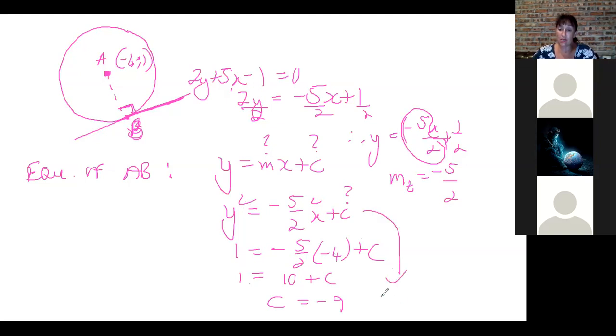Then I can write y = -5/2 x - 9. These are the types of questions they like to ask. Important: the angle between the radius or diameter and the tangent is always 90 degrees, meaning opposite gradient. Any questions so far?